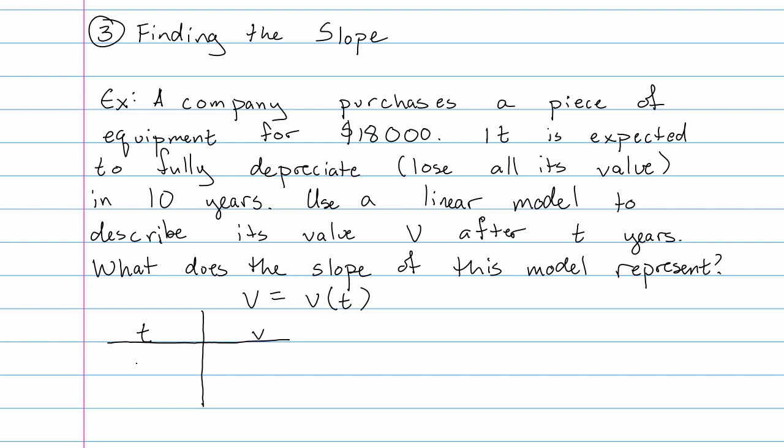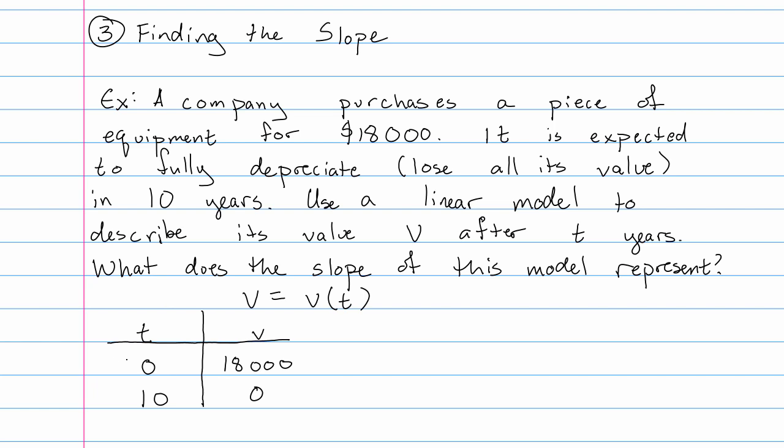We know that when they initially purchased the equipment, it's worth $18,000. And then 10 years later, it's lost all of its value. So now its value is 0. Okay, so we know that in the equation, the slope is going to be multiplied by the value of t.